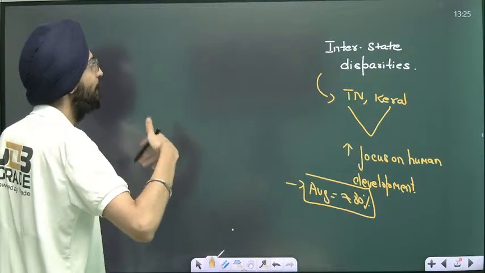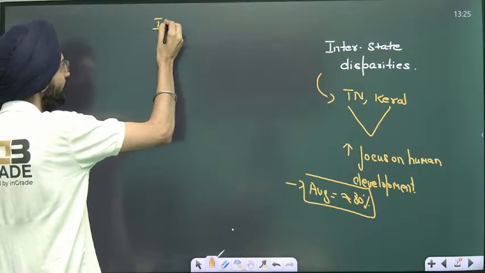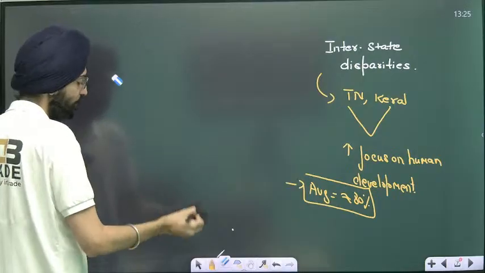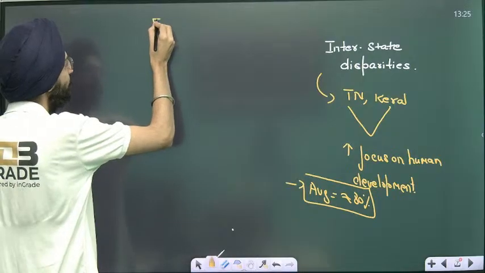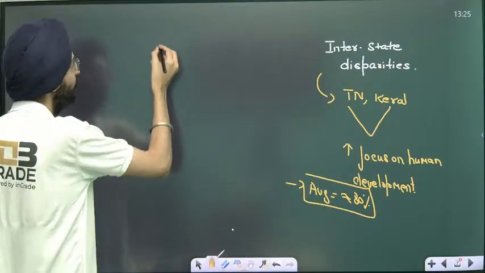That's interstate disparities. But inter-country disparities are also there.